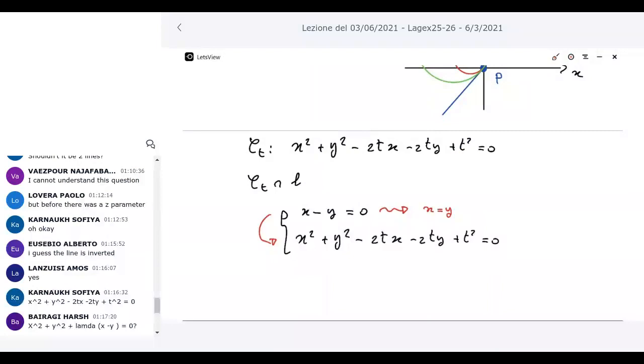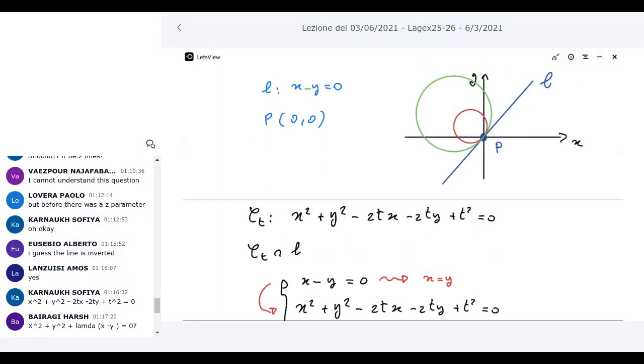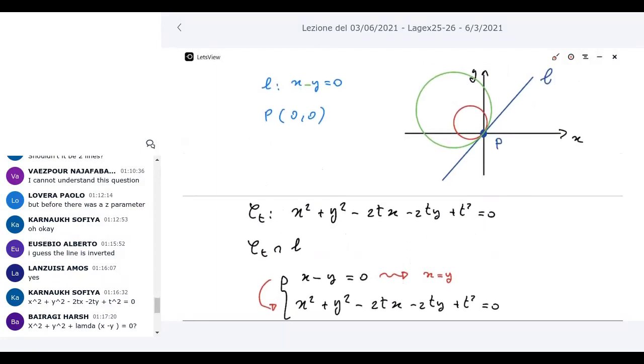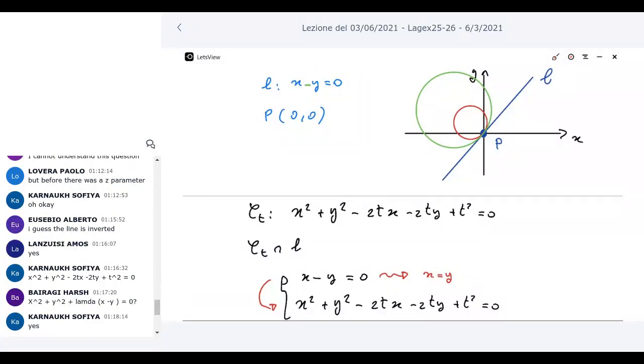But I have a question. Did you, Sophia, use the line x minus y equals 0 or x plus y equals 0? I'm afraid you used x plus y equals 0. So the computation given by Sophia is for the line x plus y equals 0.